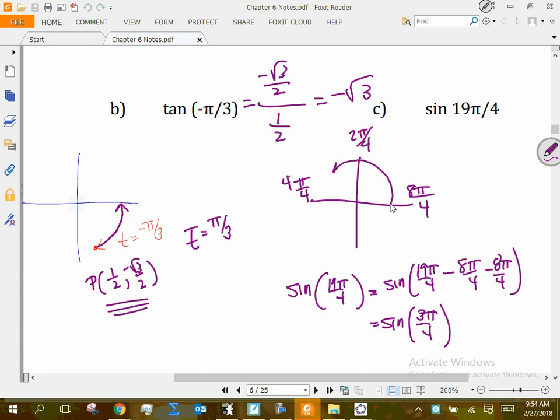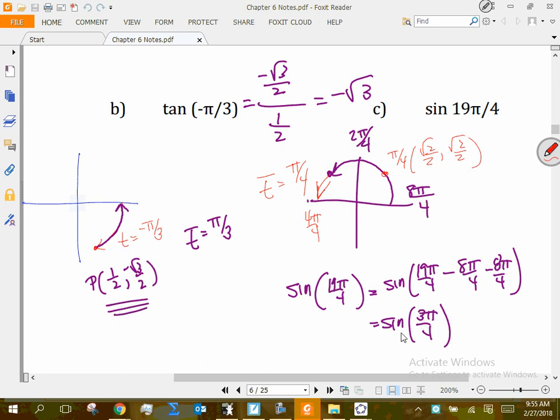3 pi over 4 would be maybe right there. What is the t value? Not t value, but the t bar value, the reference value for 3 pi over 4. How far would that red arc be right there? Pi over 4. And the hopes are then that you know that pi over 4 is that ordered pair.